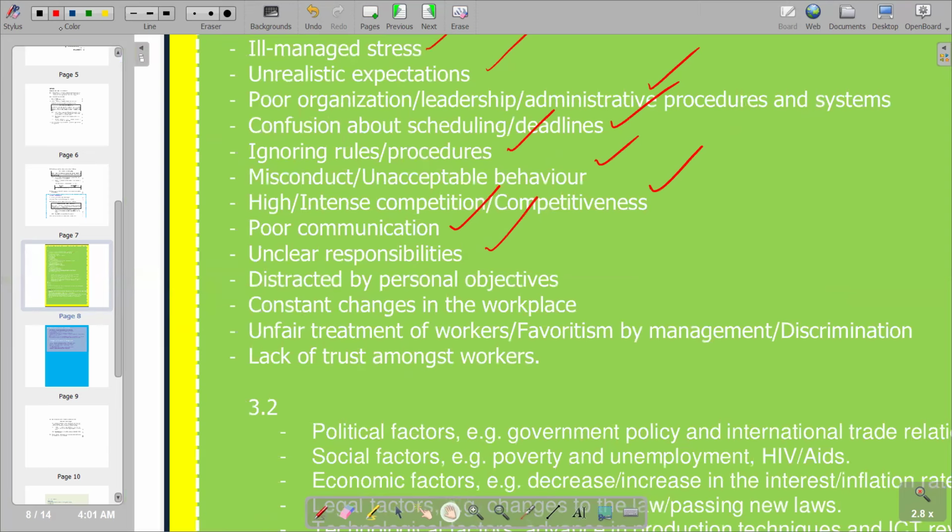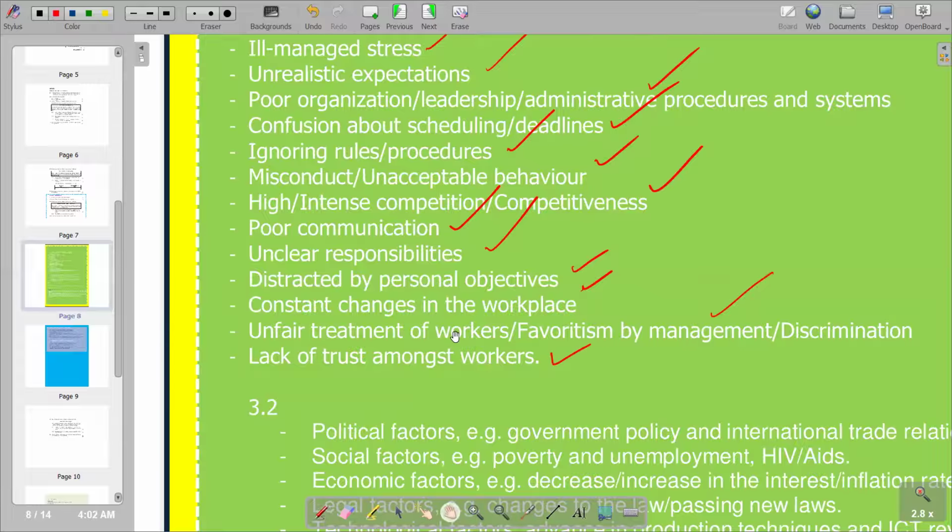We also have constant changes in the workplace as another cause. Then unfair treatment of workers, that is, favoritism by management or discrimination, could also lead to conflict. The lack of trust amongst workers can also lead to conflict.